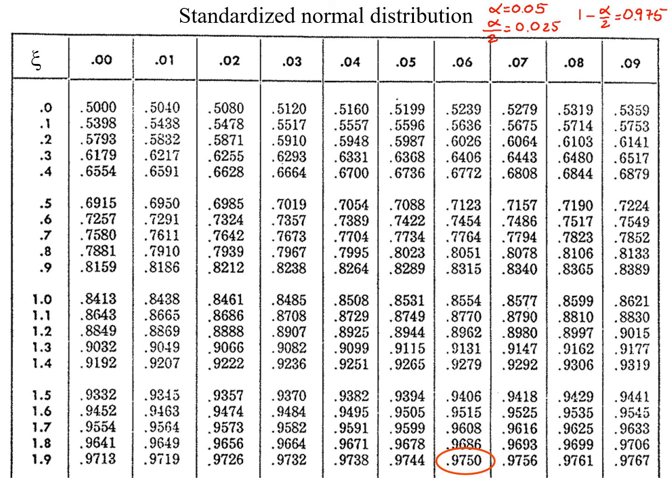This is a probability. So what we are doing here is the inverse operation of what we did the first time we looked at the standardized normal distribution table. We want to determine the abscissa value, psi.